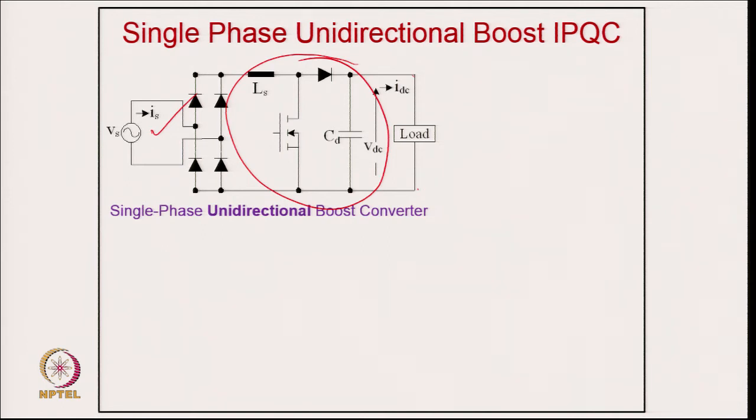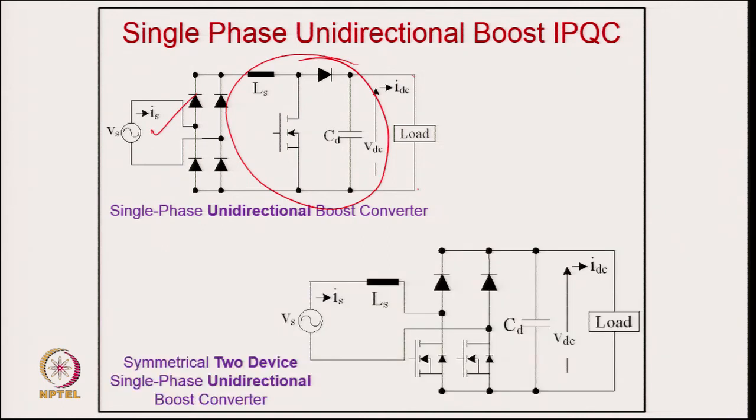Then another circuit is typically with 2 devices, unidirectional, you can see here. It is also a power factor correction boost converter, but you can call it a bridgeless one. The bridgeless in the sense that in the positive half cycle, this is working typically as a boost converter.